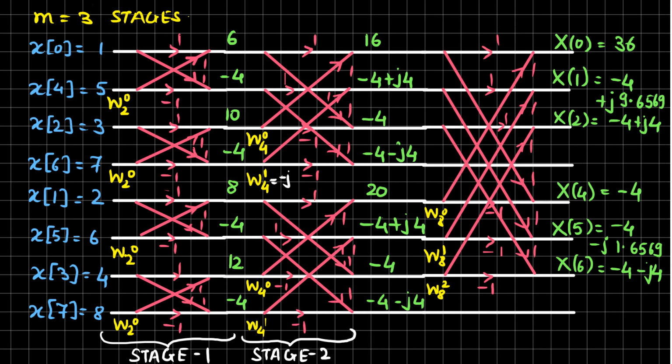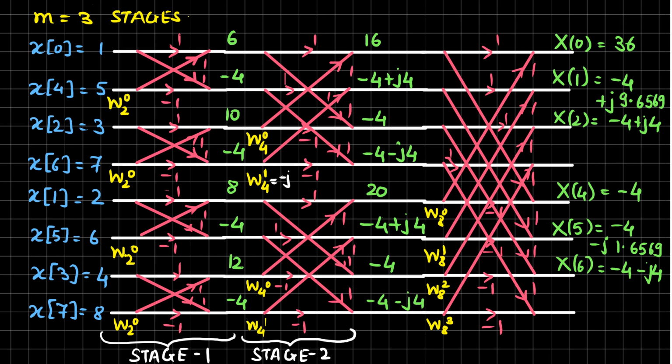And the last group that we need to consider is something like this. So we have it like this here, and in the similar fashion we would be getting the similar scaling factors here, and we would be having a minus 1 here, and the twiddle factor would be w8 to the power 3. This point here can be calculated as minus 4 minus j4 plus w8 to the power 3 into minus 4 minus j4.